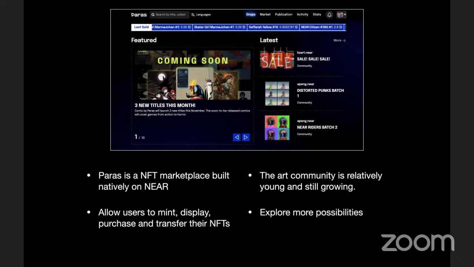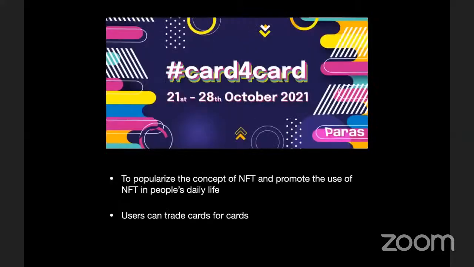The difference between Crust and other platforms is that the art community of Crust is relatively young and is still growing. And Crust currently focuses on exploring more possibilities about how NFT could be in the future. I will give you guys 2 showcases. The first is a project made by Crust, which is called Card for Card.